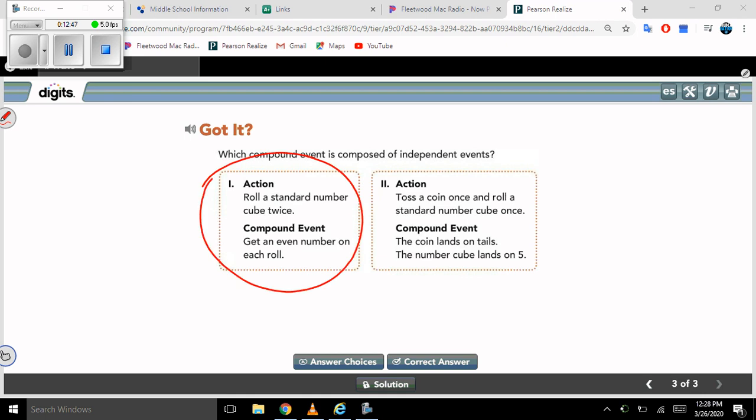I toss a coin 1 time, and then I roll a standard number cube 1 time. The coin lands on tails. The number cube lands on a 5. Did the coin landing on tails have any bearing on the cube landing on a 5? No. So in this particular situation, both of these would represent an independent scenario.